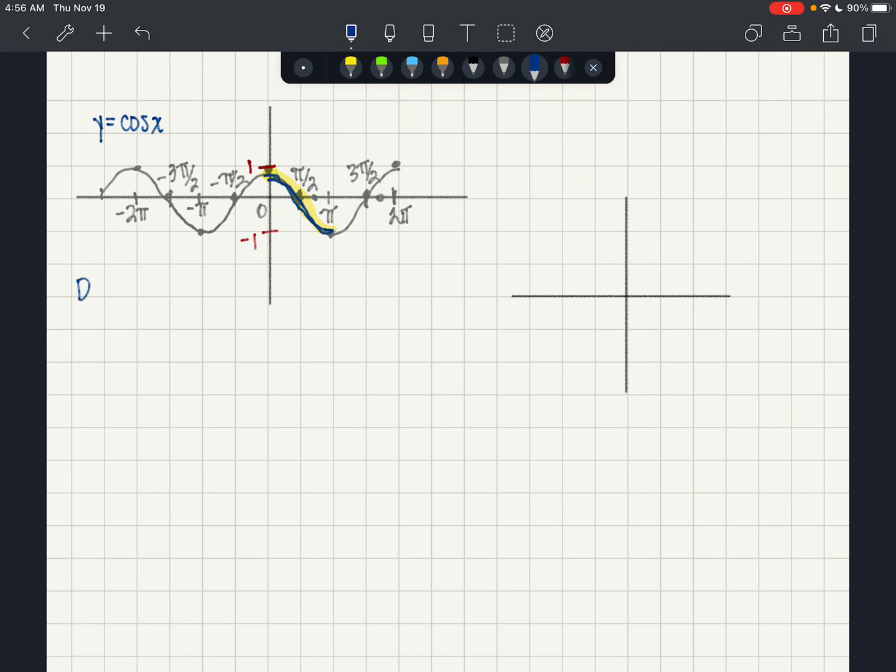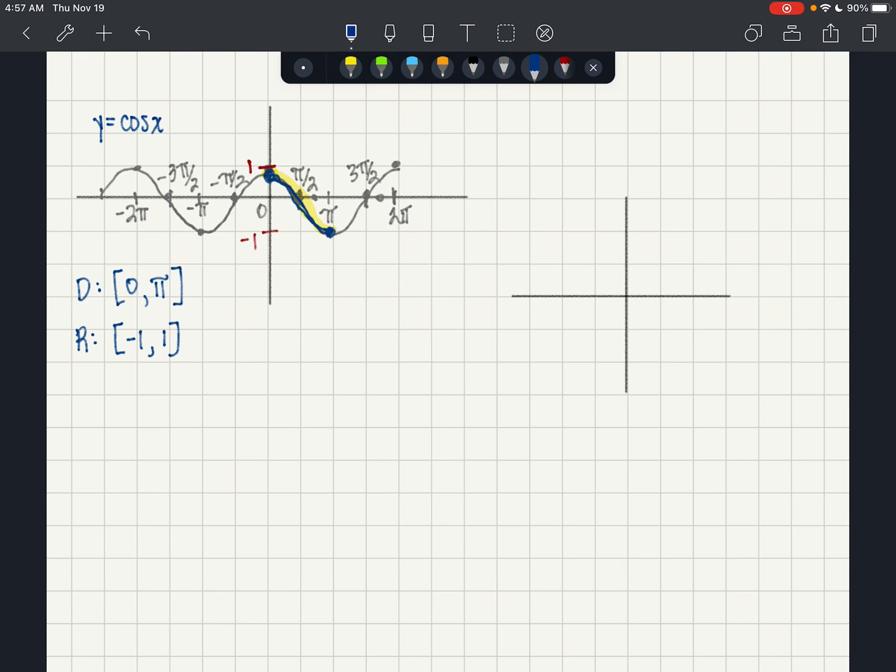So we're going to take the domain from 0 to pi. The range will give us all of our outputs from -1 to +1. This little section here will pass the horizontal line test.